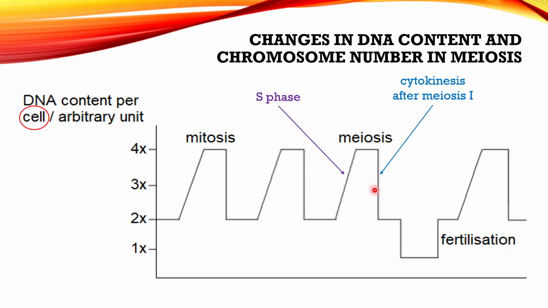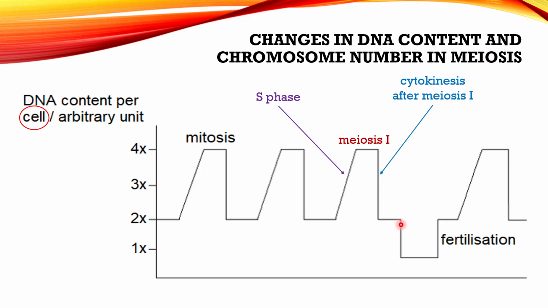This is the first cytokinesis after meiosis 1. Sometimes I just call it cytokinesis 1 for short. That makes this portion here meiosis 1, which of course includes a bit of G2. If the y-axis is per nucleus instead of per cell, then this would be telophase 1 instead of cytokinesis 1.